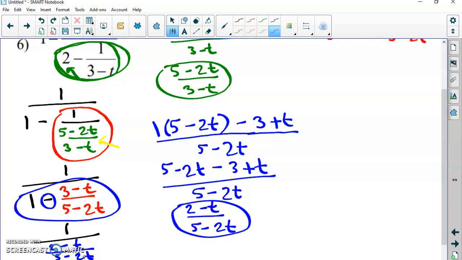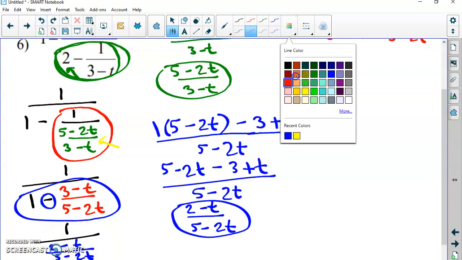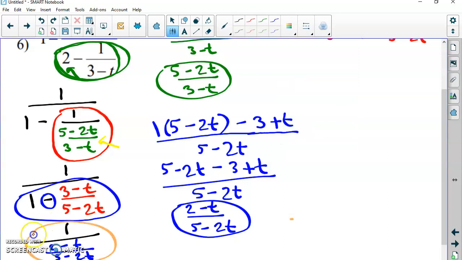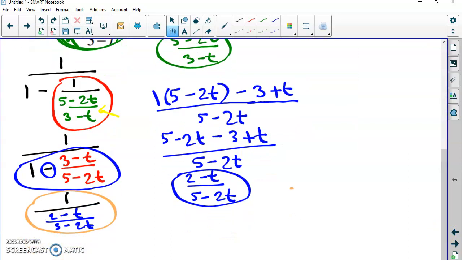All right, our last one here. We now have the final step. I shouldn't do it in red because we already used red. Let's do orange. All right, final step here. We have 1 divided by that blue fraction.